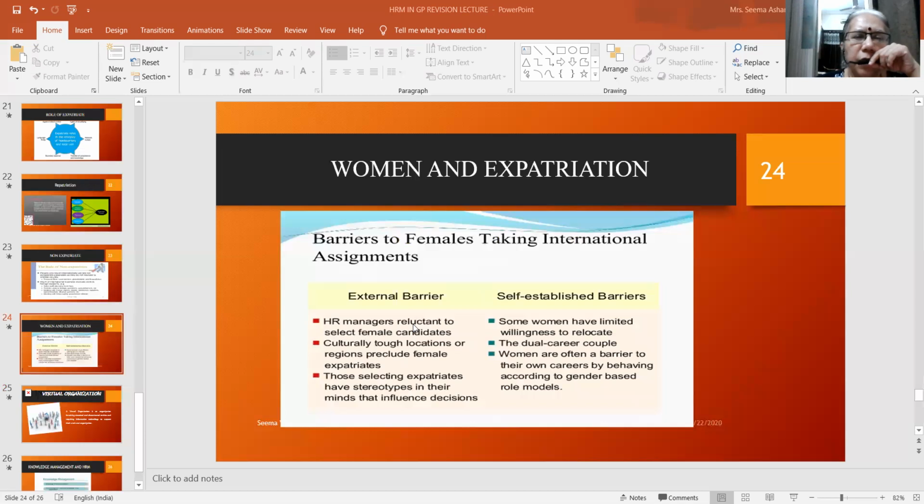There are some stereotypes in the minds of managers which influence their decision, and it is generally believed that a woman will not be able to adjust to the new country, new culture, and so on. Sometimes women themselves have their own self-established barriers where they are reluctant to relocate themselves because of family responsibilities.